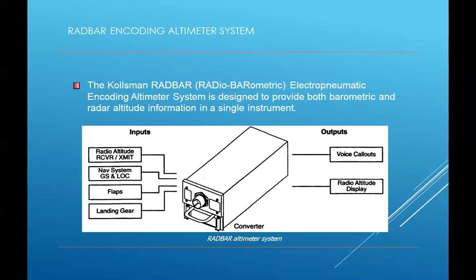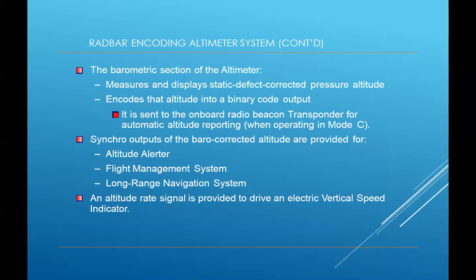Next, radar encoding altimeter system. The Goldsman electro-pneumatic encoding altimeter system is designed to provide both barometric and radar altitude information in a single instrument. The barometric section of the altimeter measures and displays static defect corrected pressure altitude, and encodes that altitude into a binary code output.